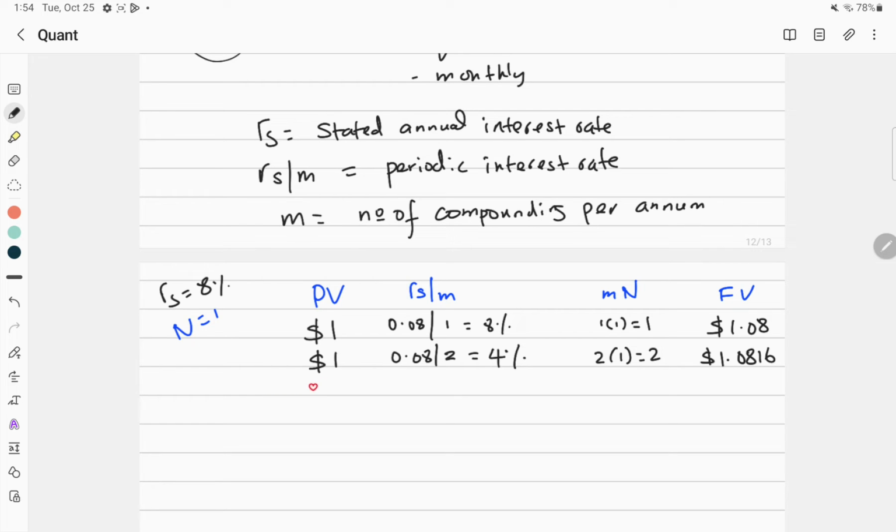Let's say we have invested the same amount of money with 8% stated annual interest rate, but this time we are compounding it quarterly, that is 4 times a year, right? This is 2%, or 0.02. Now our M is 4. Again, we're talking about a 1-year period, so our N is 1 and our MN is 4.